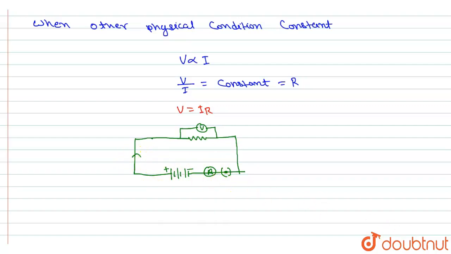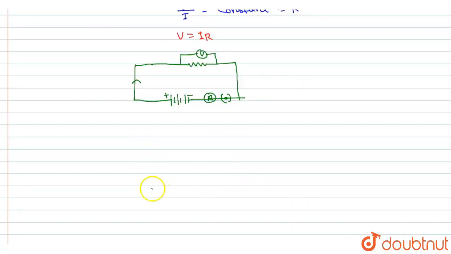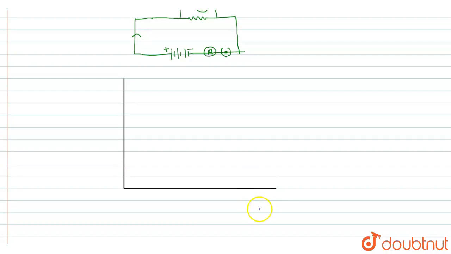Now if we draw the graph between V and I using the readings of V and I, we get the relation between current and potential difference. On this axis we take current I, and on this axis we take potential difference.